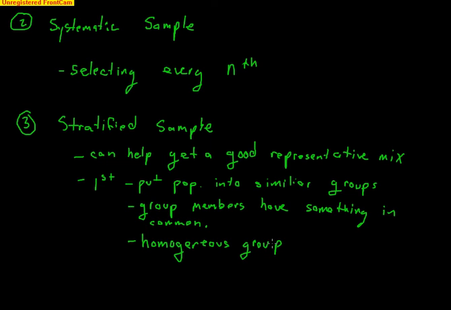Now, if you were doing a sample and you were interested in something about hair care products, well, then certainly that type of grouping would be necessary. So anyway, after you have these groups, the second thing you do is randomly choose X amount of people from each group.